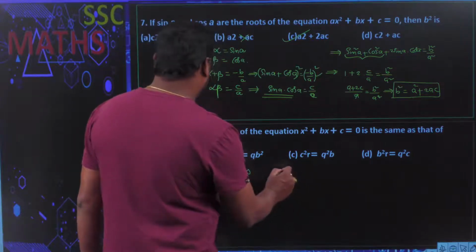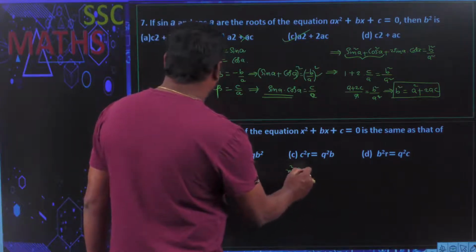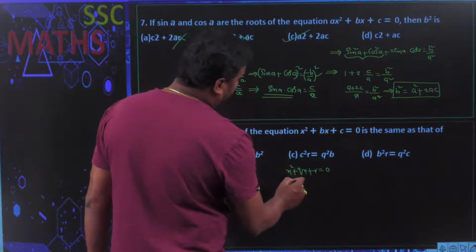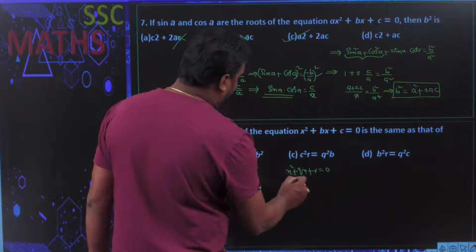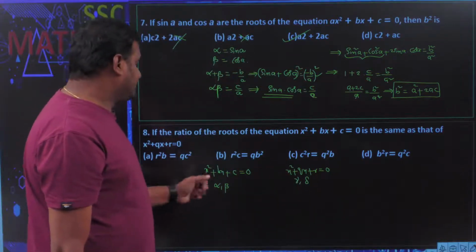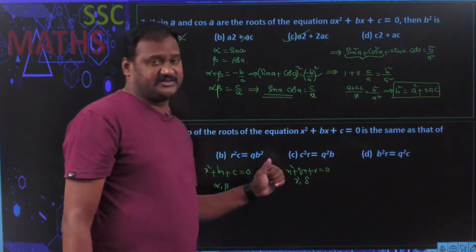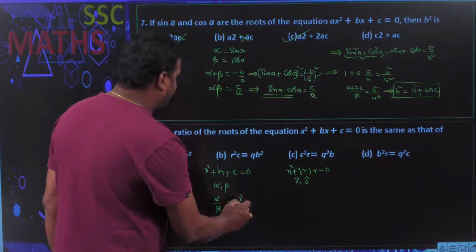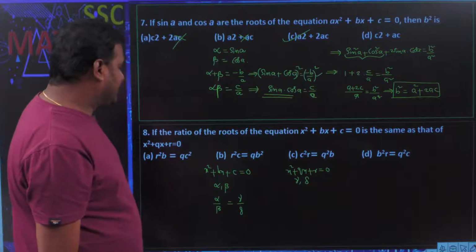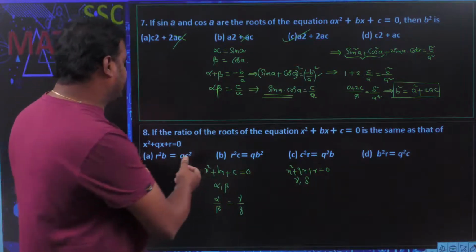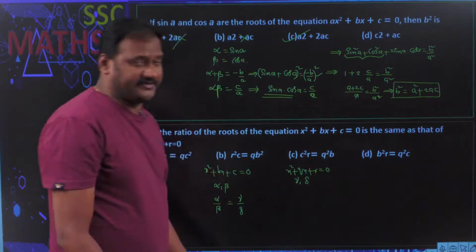For x square plus qx plus r is equal to 0, the roots are, for example, gamma and delta. The ratio of the roots of this equation is the same as the ratio of the roots of this equation. It means alpha by beta is the same as gamma by delta. Then how are you going to find the relation between the coefficients?